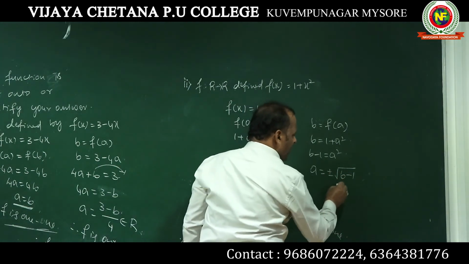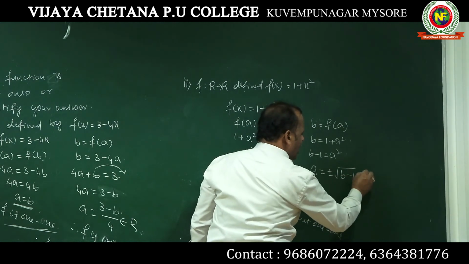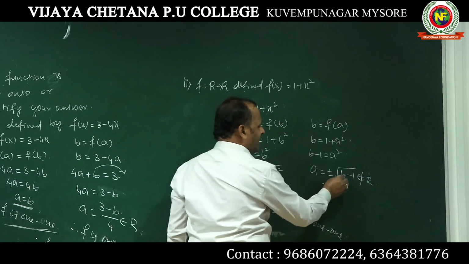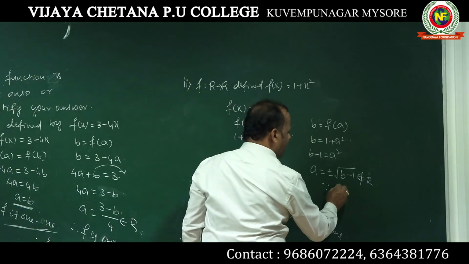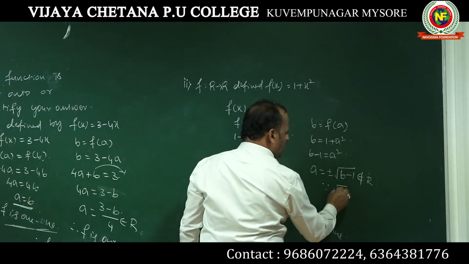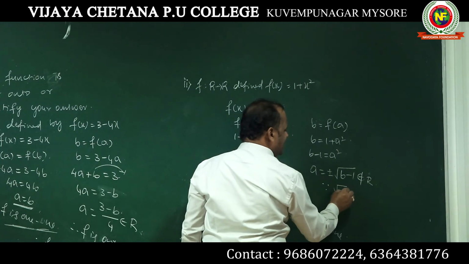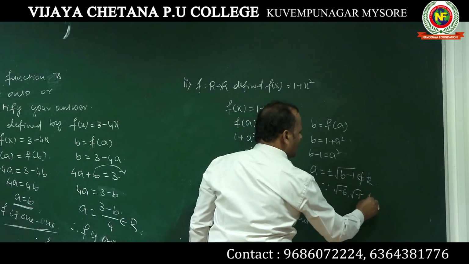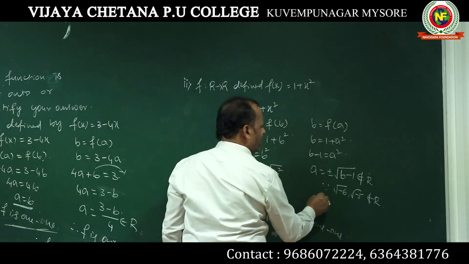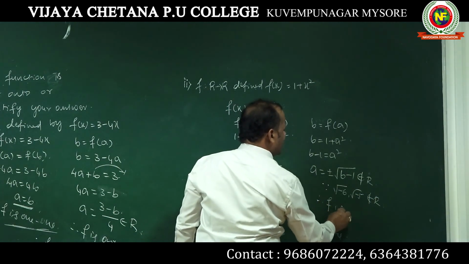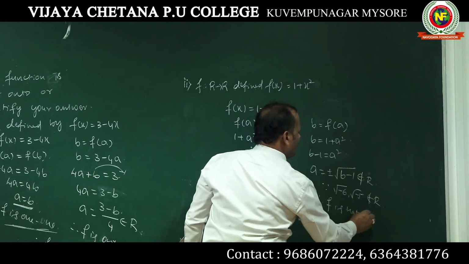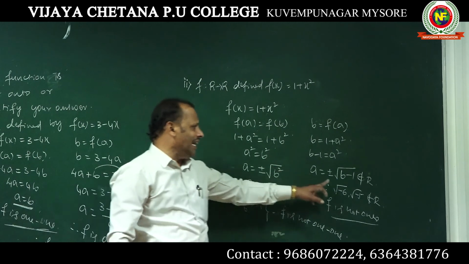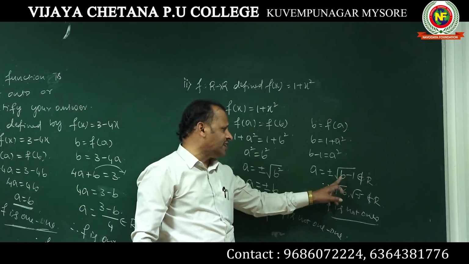But here b minus 1 does not belong to R, because somewhere here root of minus 5 does not belong to R. Therefore, f is not onto.